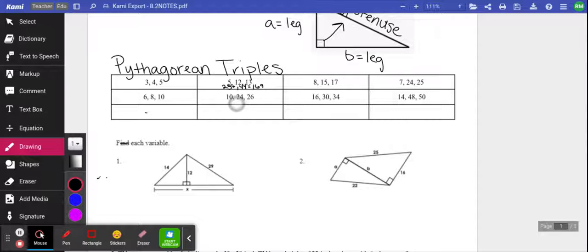Am I confusing? So if you can see a pattern there, you don't need to have all these triples memorized. If you have the first 4 up at the top memorized, you could come up with other triples by doubling the numbers.